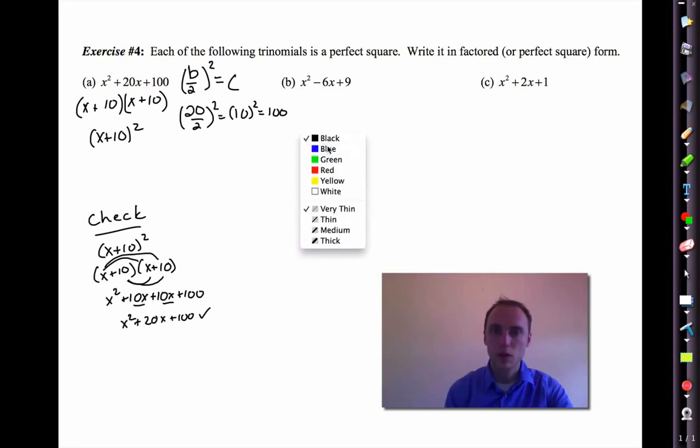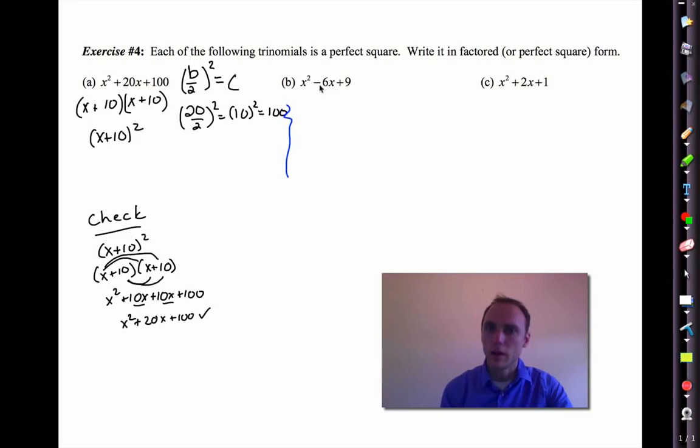So let's try the next one. All right. In part B, I have x squared minus 6x plus 9. Let's just make sure this relationship works, and then see if we can factor it. So I'm going to take my b term, -6, and divide it by 2, and then square it, which gives me -3 squared, which gives me +9. Right?